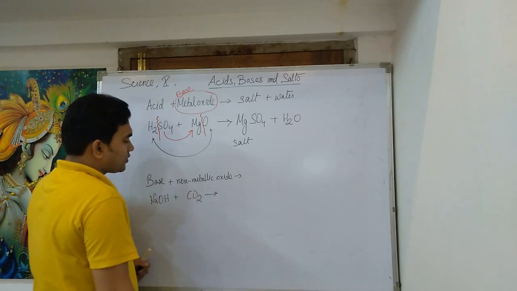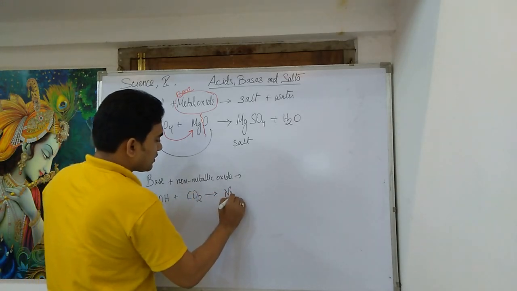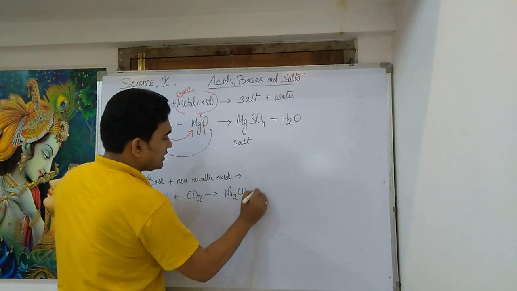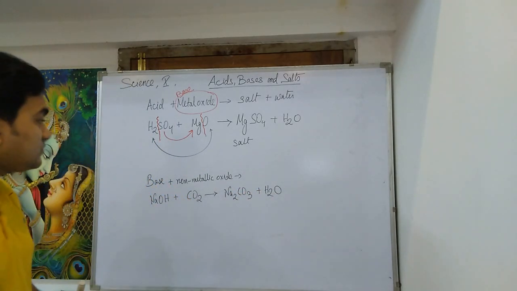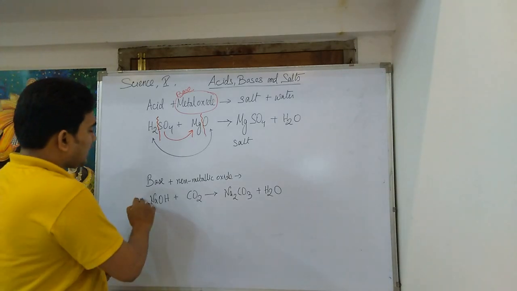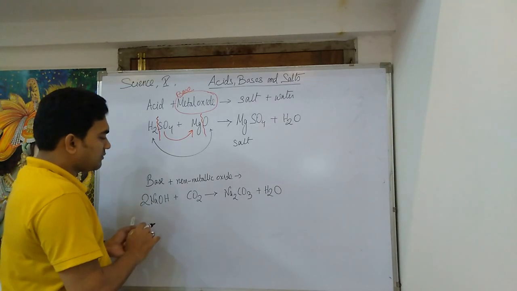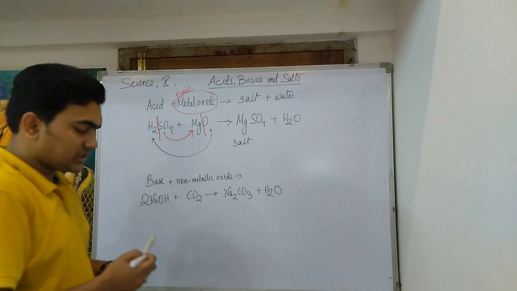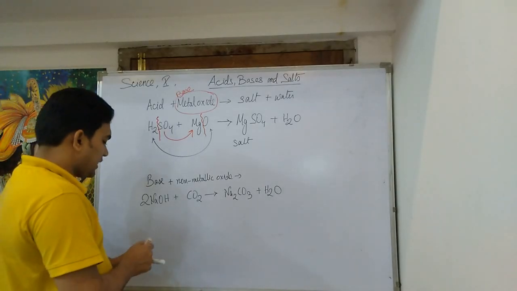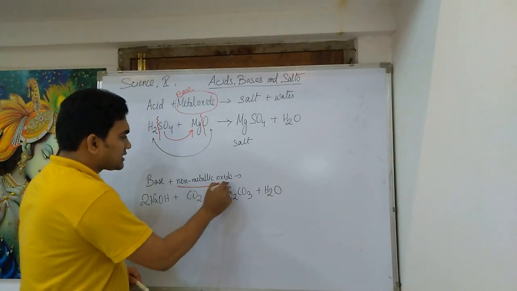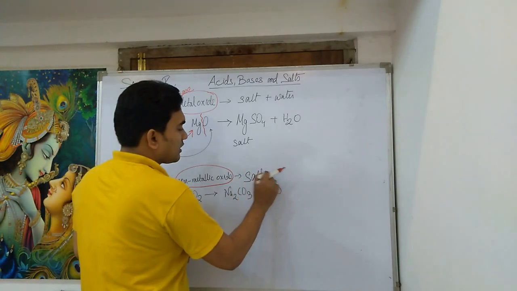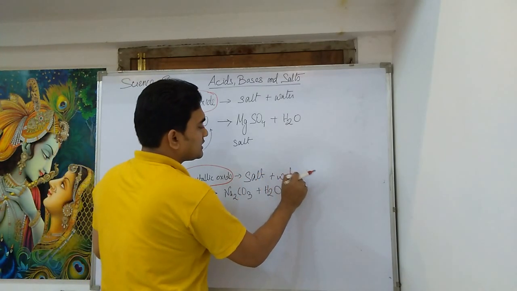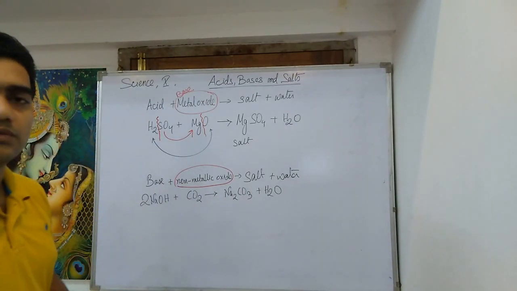So the output will be Na2CO3 plus H2O. So we can see that the output is now the same as that of neutralization reaction, where base is reacting with something to give salt and water. This is again a replica of neutralization reaction.